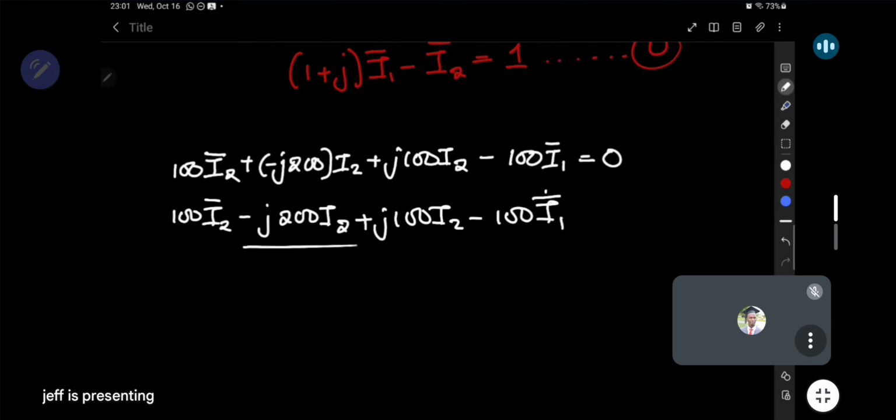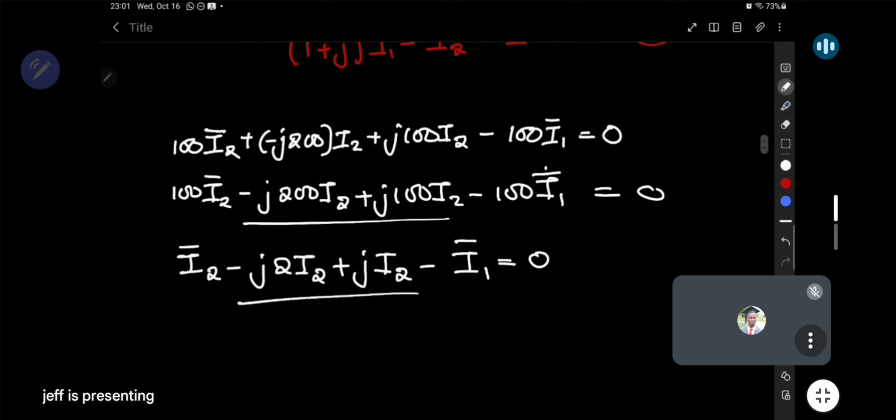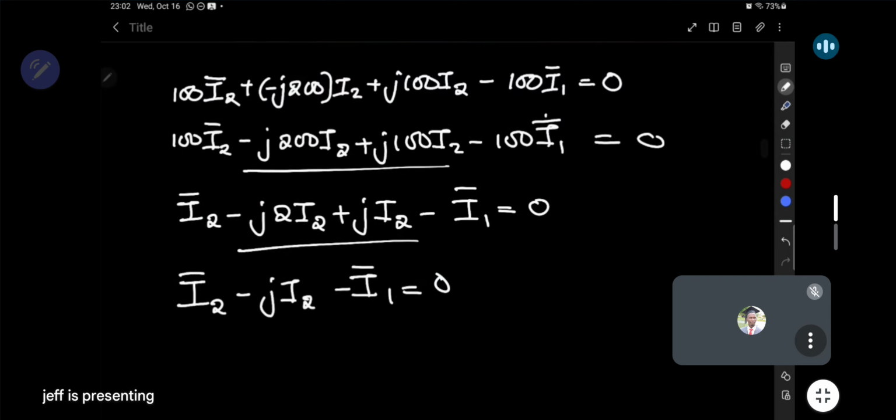Every term here has 100 again, so I can divide by 100. So you have I2 minus J2 I2 plus JI2, then here we have I1. These two simplify. We now have I2 here, this is now minus JI2 is equal to 0.